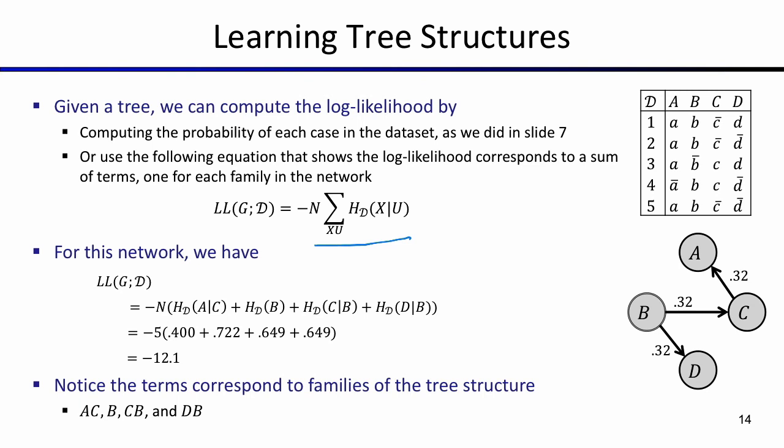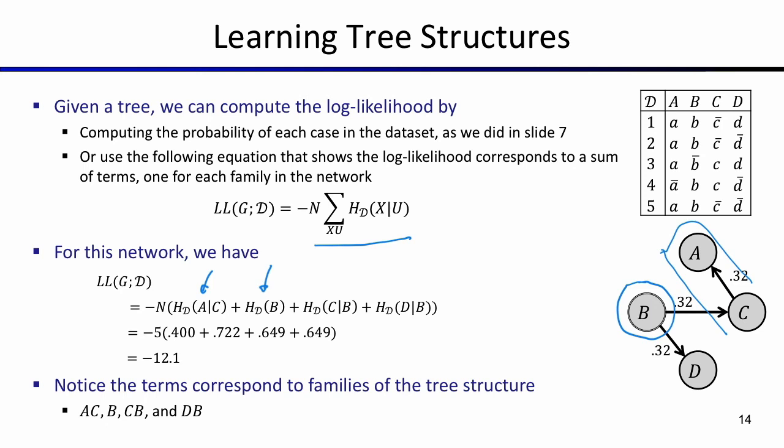So in this case here, we can use this property. We're going to look at the families that we have. So we're going to have this family here, A and C, and we're going to have this conditional entropy here. We have the family B, and because B has no parent, B is going to be alone. In this case, we compute not the conditional entropy, but just the entropy.